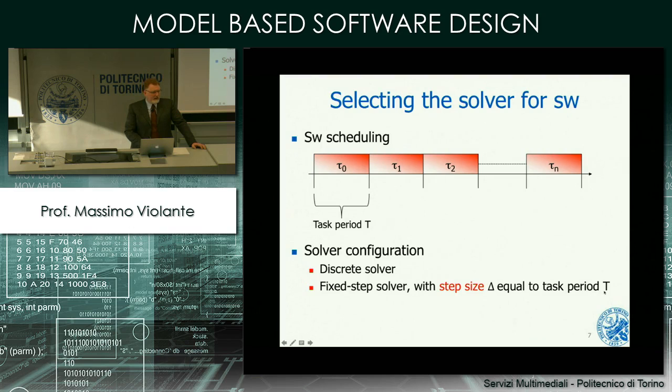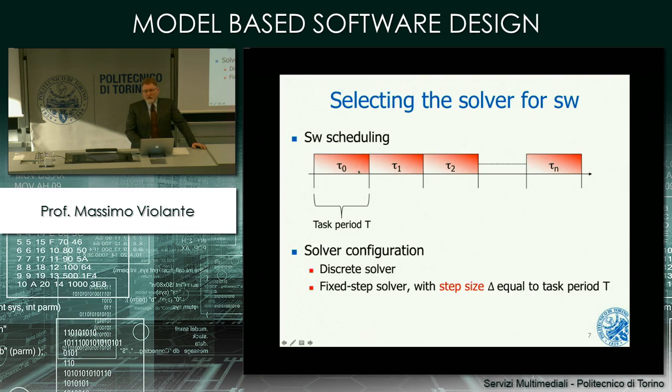If you think in terms of Simulink to this picture, we can read this in this way. This is the starting time of the simulation. So here is where we evaluate the input and the current state of the model. Then we solve the model, and so we generate the output corresponding to the current state and to the current input.